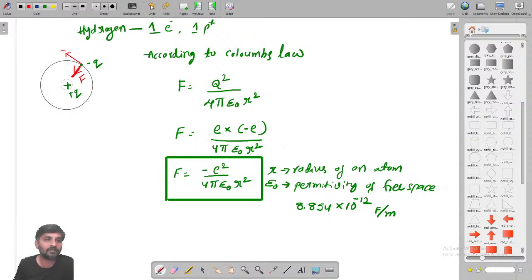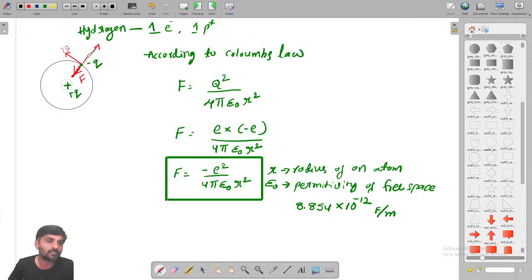There exists another force exactly opposite to this, called the centripetal force.